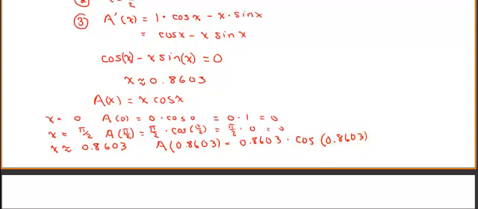Since this is between 0 and pi over 2, x is someplace between 0 and 1, not including the endpoints, and this is definitely positive, so this will be the maximum.